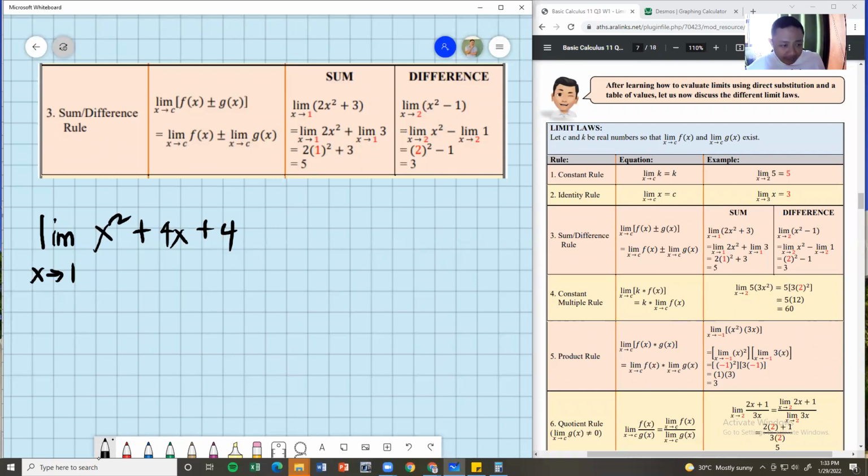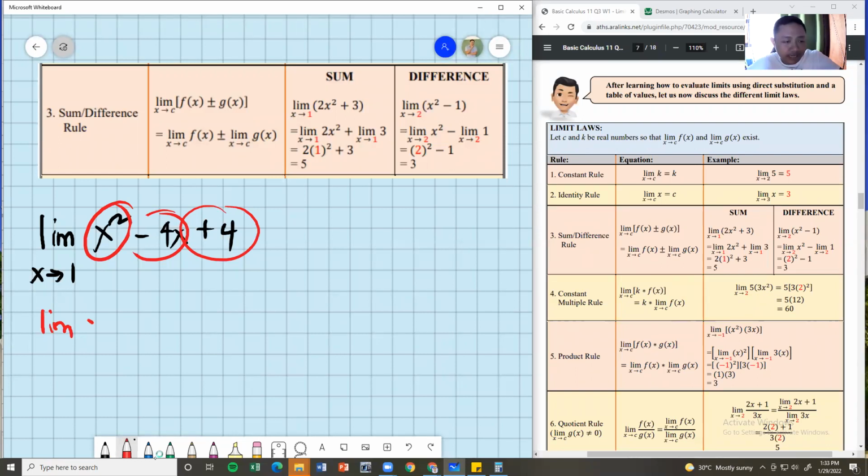And how did that happen? Actually, what we did here, the long process here will be to separate the limits of each term. Can you follow? Let's make this minus so that the sum and difference are combined right away. We will just have to separate the terms for their limits.